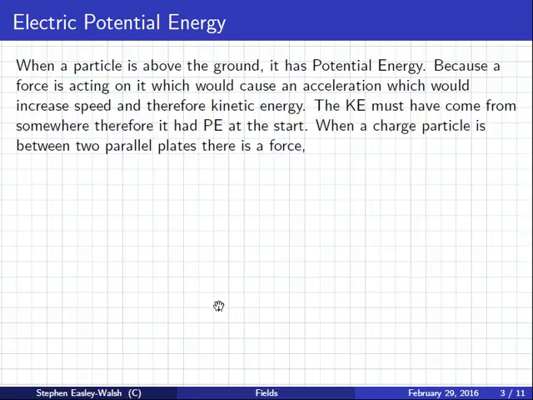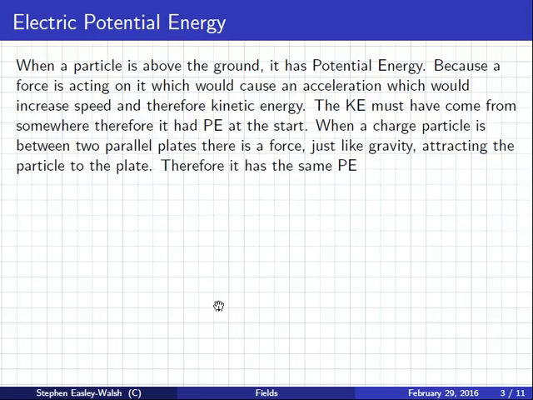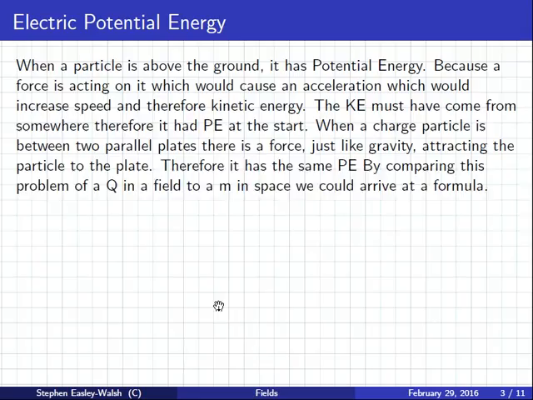So likewise, it's a force. There's a force, just like gravity, that's pulling it to the plate. It pulls the electron to the positive plate, and it pulls the proton to the negative plate. So it also has a potential energy.